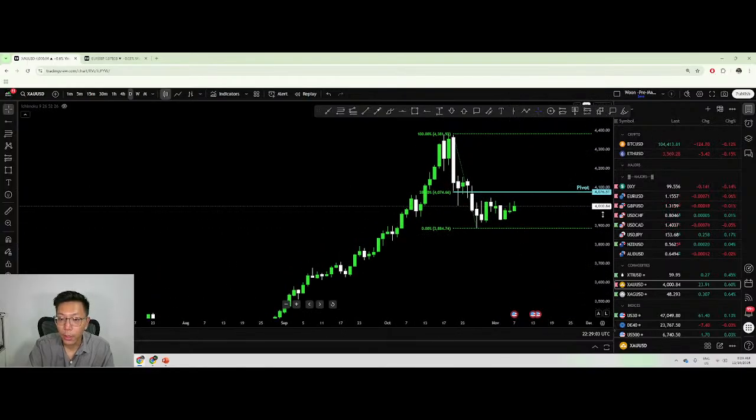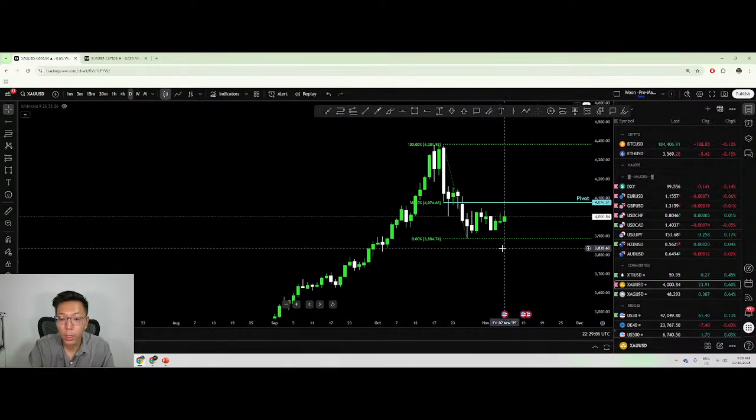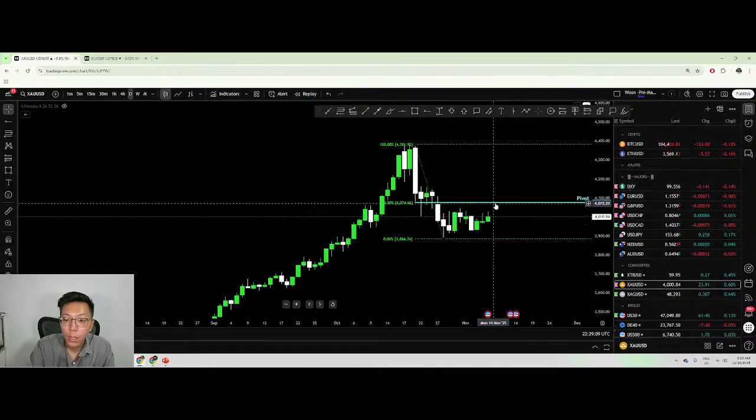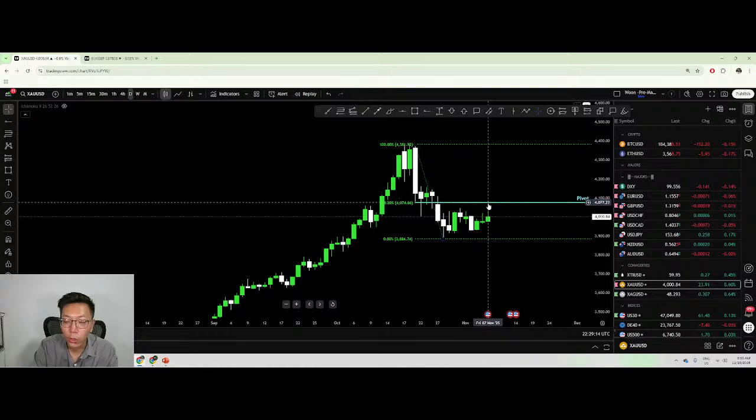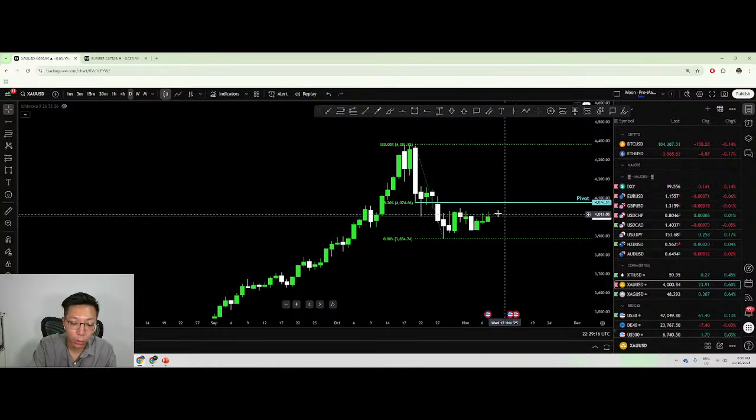I think for this trade it will be pretty exciting. This decides whether gold will continue upwards or whether it will continue to fall downwards.